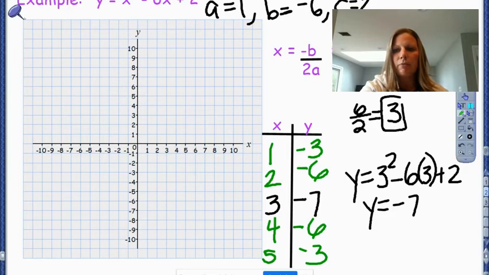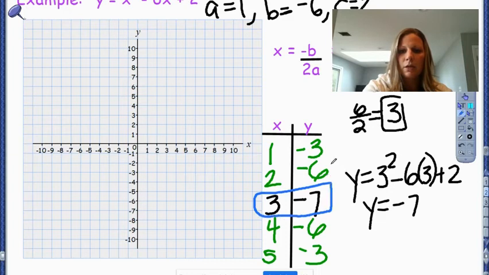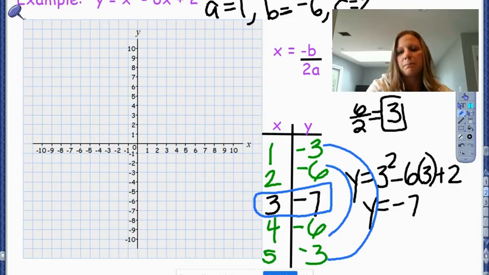When I talk about having a rainbow of symmetry, once you have your vertex, this is my vertex point, your y values should match up.